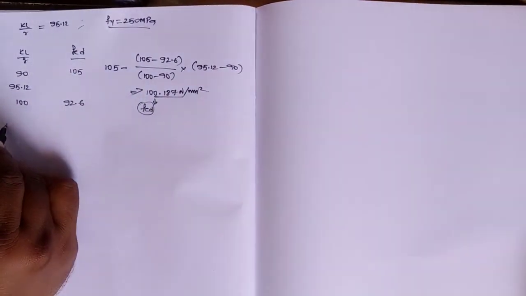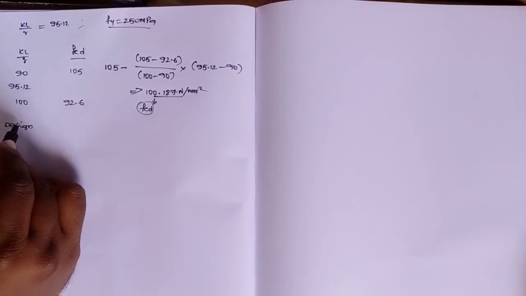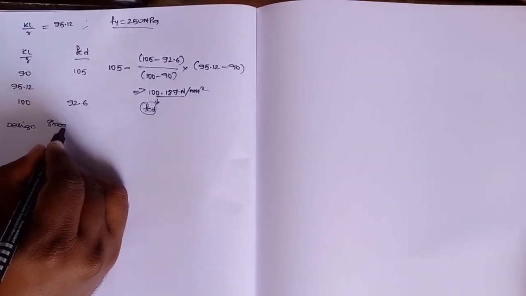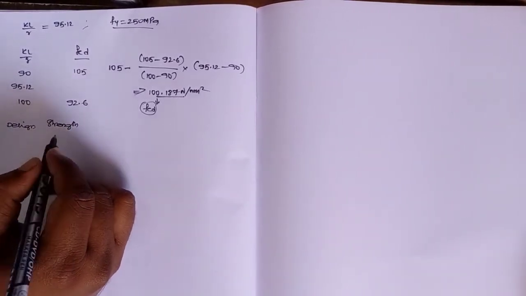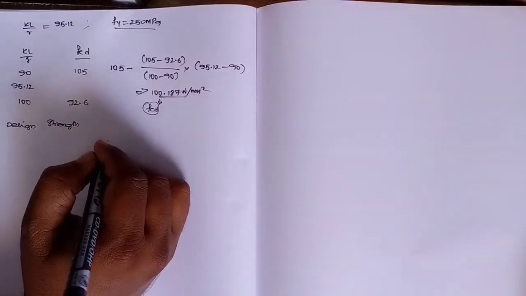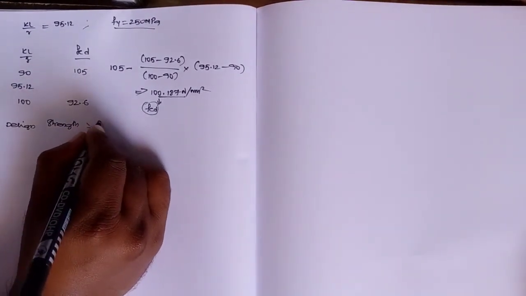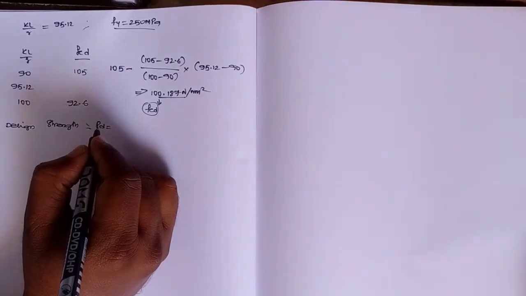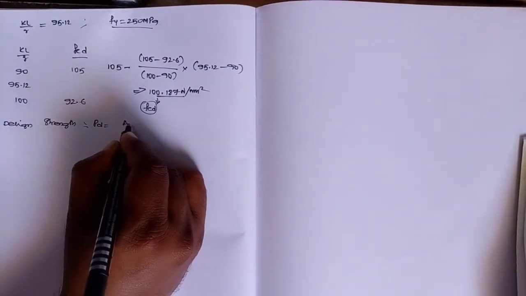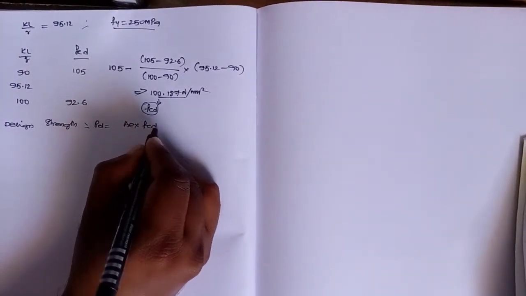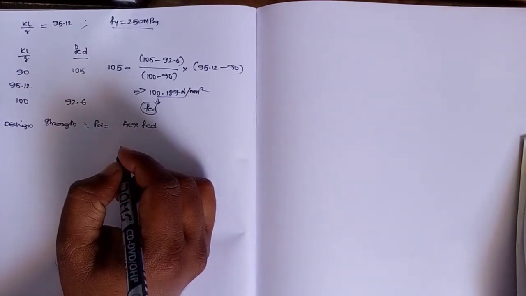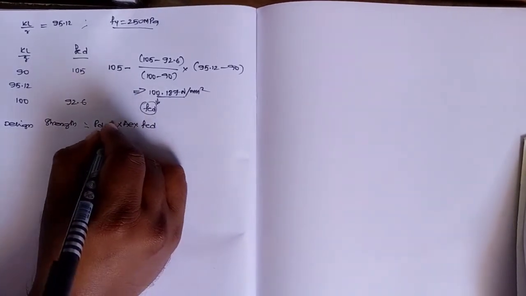Now design strength PD equals AE into FCD. This is common, but here we have dealt with what? Double angle, so into 2.